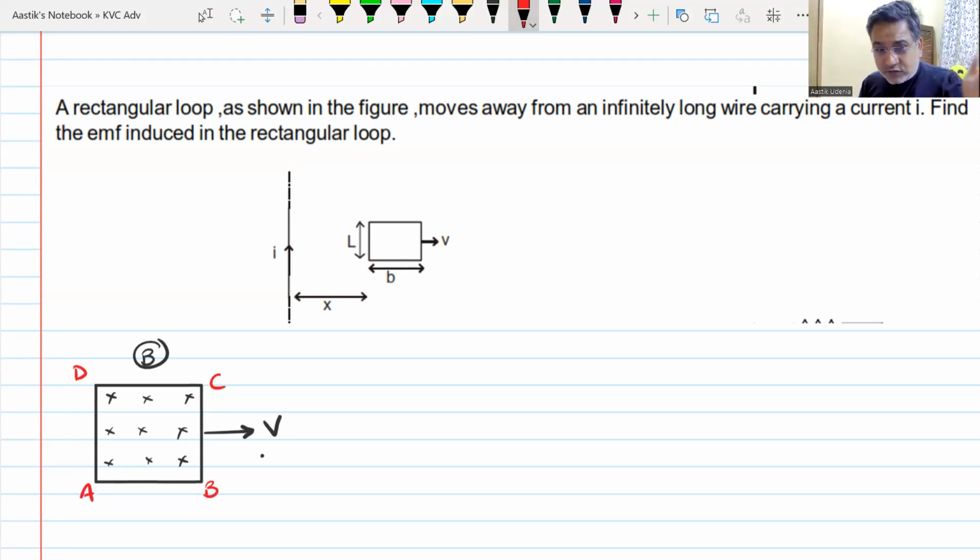What will be the EMF induced in the battery, in the wire AB? What is the EMF induced in the wire AB?